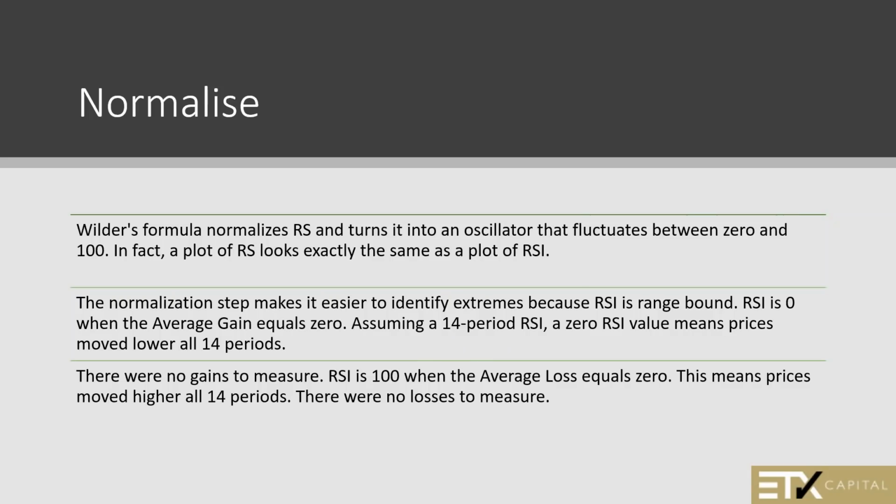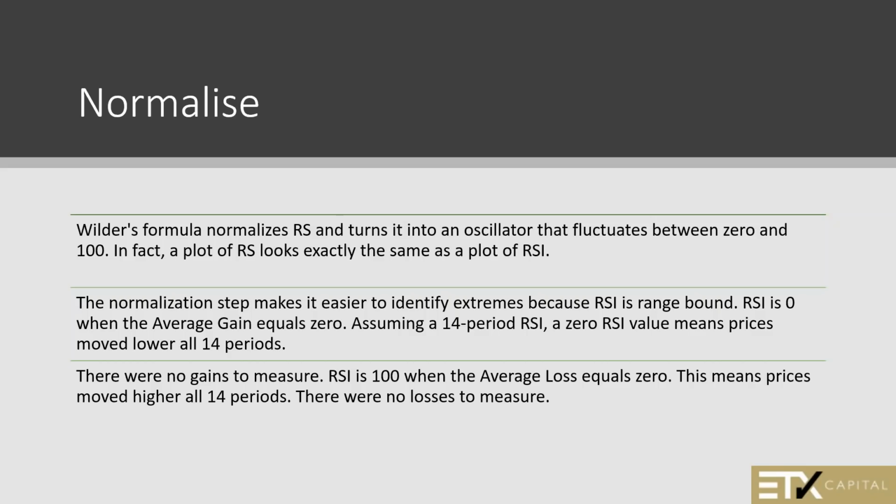Wilder's formula normalizes RS and turns it into an oscillator that fluctuates between 0 and 100. In fact, a plot of RS looks exactly like the plot of the RSI. The normalization step makes it easier to identify extremes because RSI is range bound.